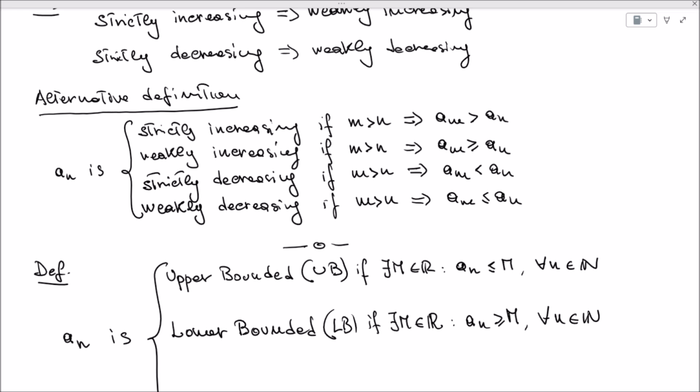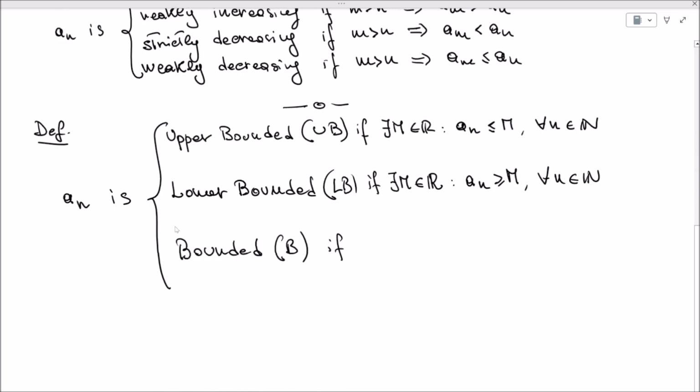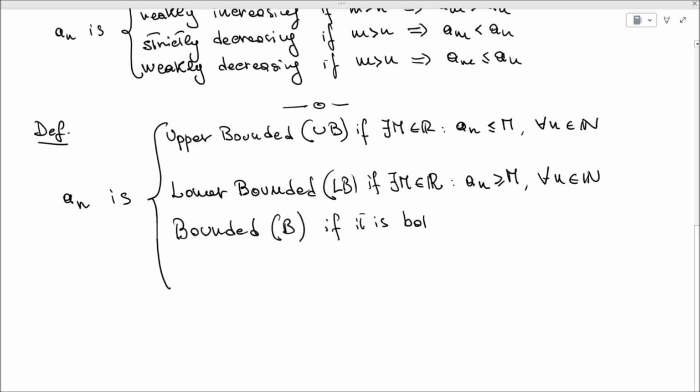And finally, we say that the sequence is simply bounded, and we just say B, if it is both upper bounded and lower bounded.